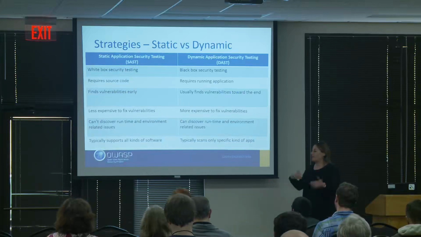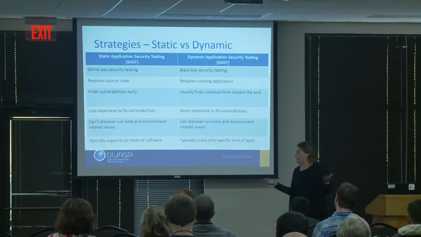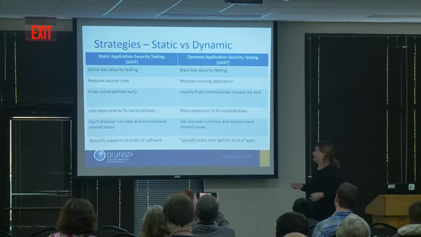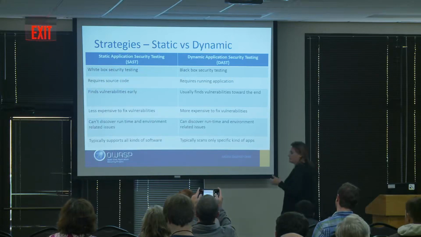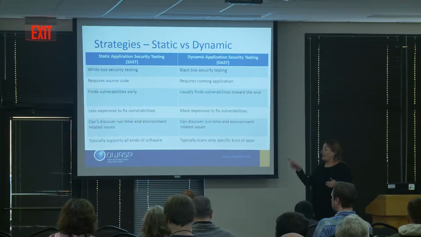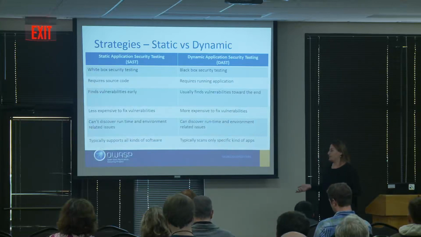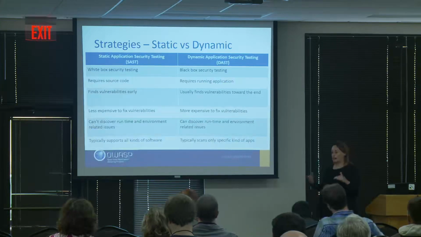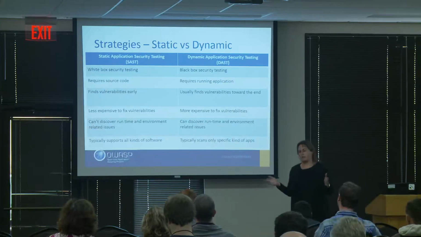You can run it every time you want to deploy a version, or every time you integrate new code into your system. Obviously, it's less expensive to fix the vulnerabilities because you find them very early in the development cycle, but it cannot find any runtime issues.